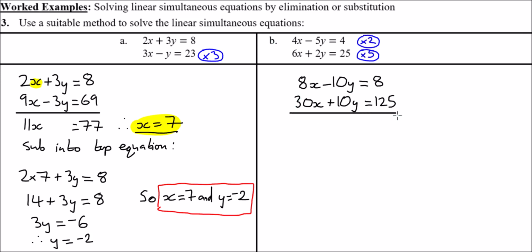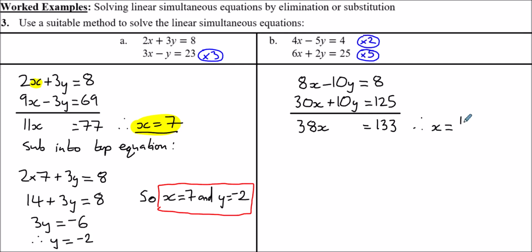Again, because now the y's are the same magnitude opposite signs, we can again add the equations together. 8x plus 30x is 38x, minus 10y plus 10y cancels. 8 plus 125 is 133.